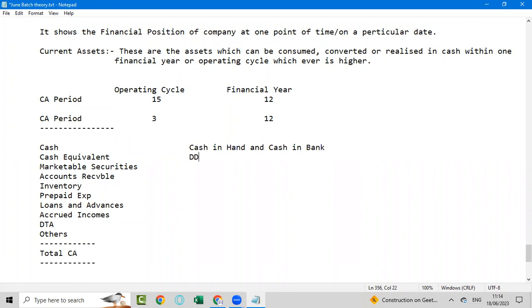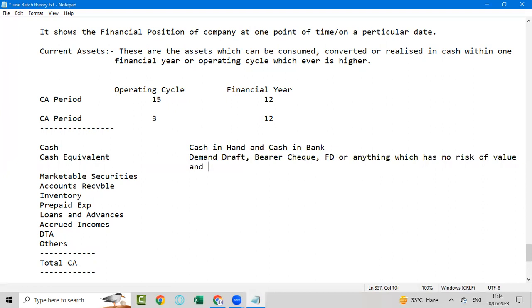Cash equivalent like demand draft, like some bearer cheque, FD, or anything which has no risk of value and will be converted into cash in less than 3 months.